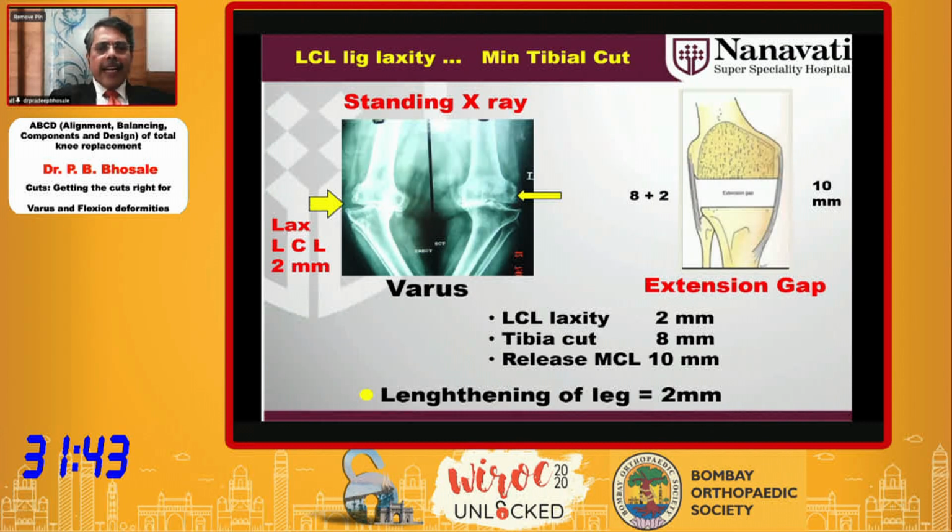One very interesting thing, we get a lot of varus X-rays. When you take a standing X-ray, you always check for an opening on the lateral side. So there's a laxity.